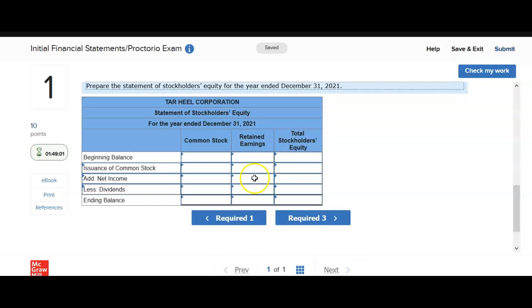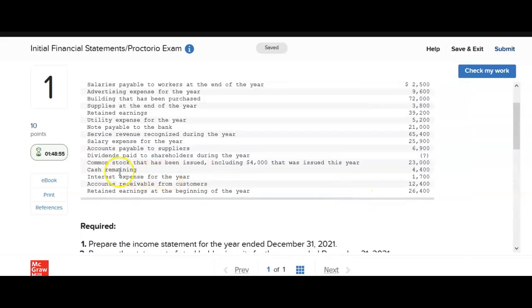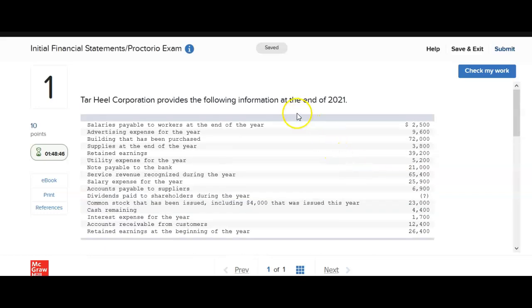The first thing we need to do is find out the beginning common stock balance. Let's scroll up and see what they give us. It says common stock that has been issued, including $4,000 that was issued this year. So this is the information at the end of 2021, and the balance in the common stock account is $23,000 after $4,000 was issued during this year.